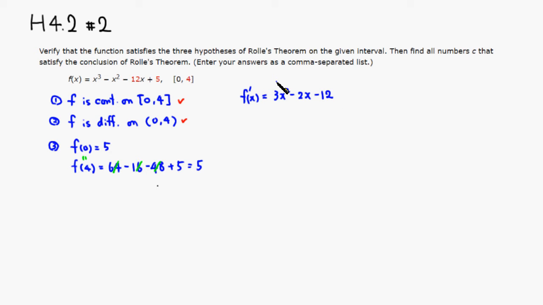Then hopefully we can factor this. You have a 3x and x here, and we need to get 12, so we can do 3 and 4, or 2 and 6.